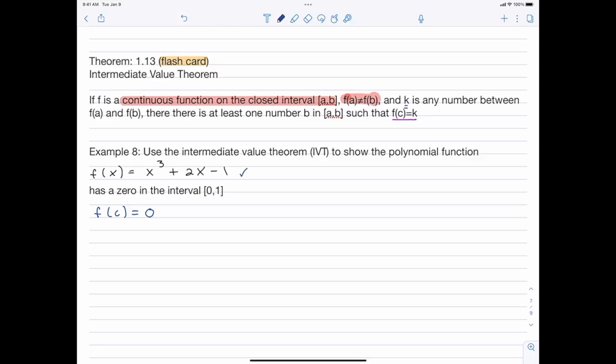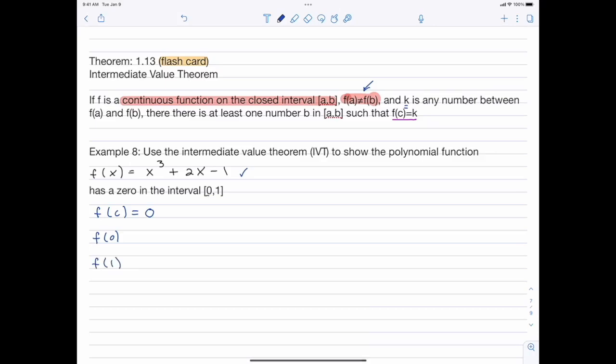The next thing I want to establish is more than just that f of a does not equal f of b. What I really want to establish is that f of c is between f of a and f of b. So f of a is going to be 0 and f of b is going to be 1.